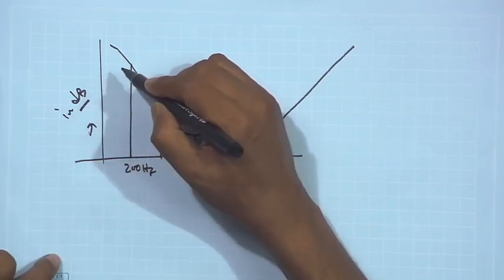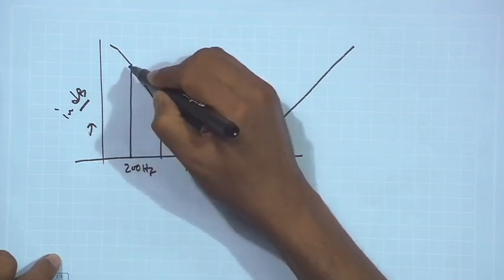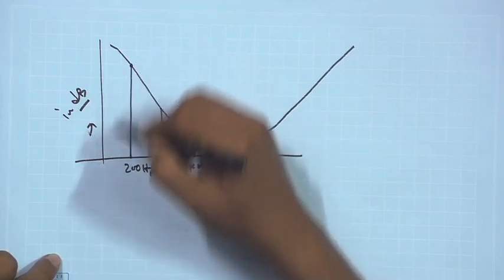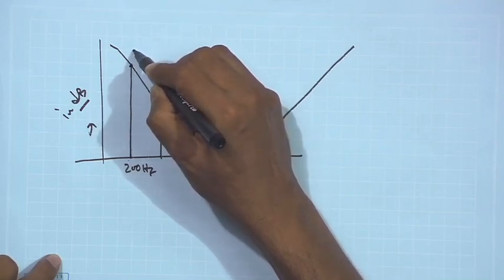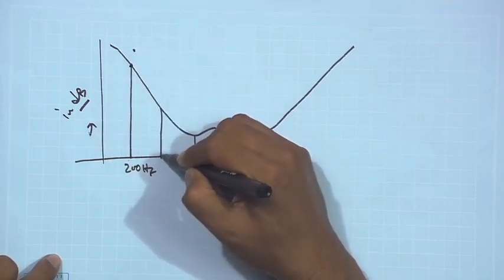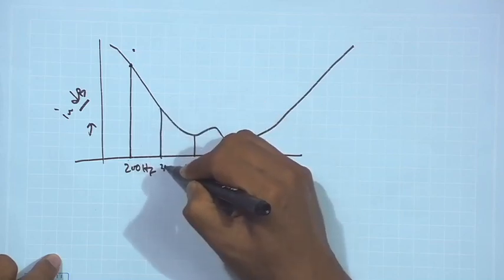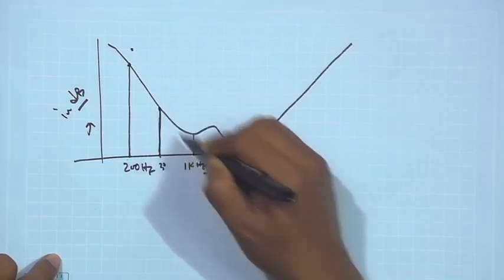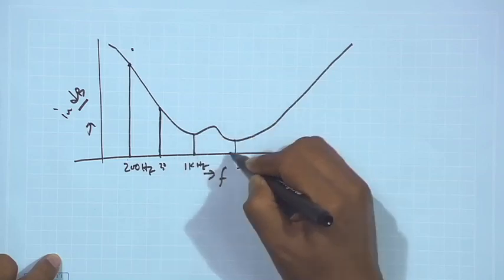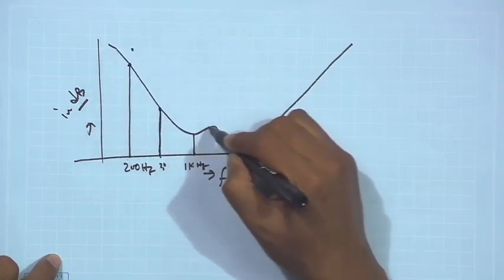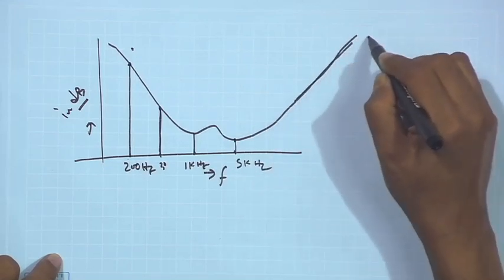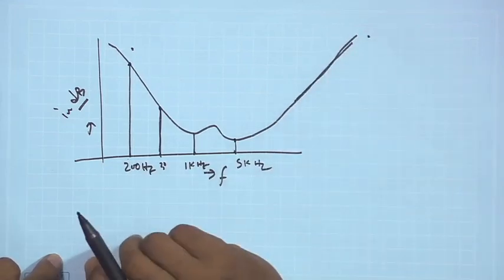Now, the intensity required to create a sensation for a 200 hertz signal will require high amplitude. For a 300 hertz signal also high amplitude. For 1 kilohertz this amplitude, for 5 kilohertz this amplitude. So, this is called the threshold of hearing curve for different frequencies.